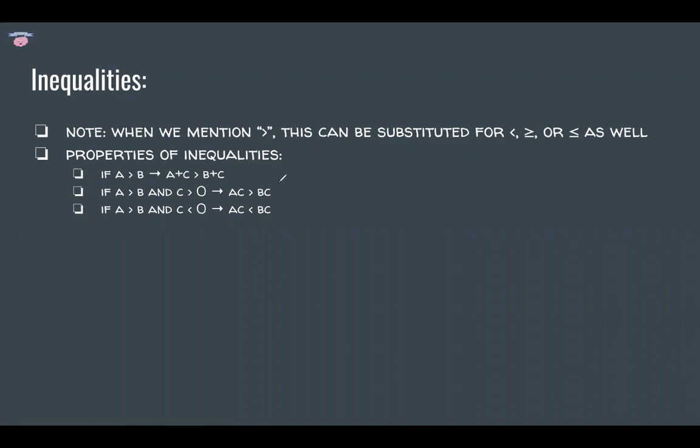If C is positive, then we keep the sign, but if C is negative, we change the sign. So if it was like 2 is greater than 1, and we multiply both sides by -3, then it'll be -6 is less than -3. You change the sign.